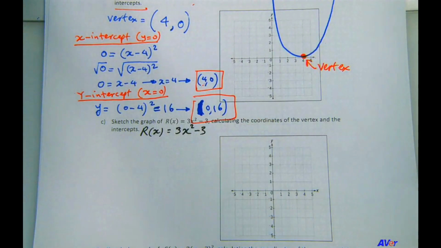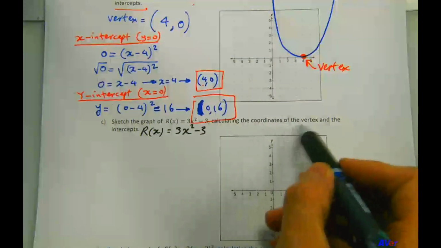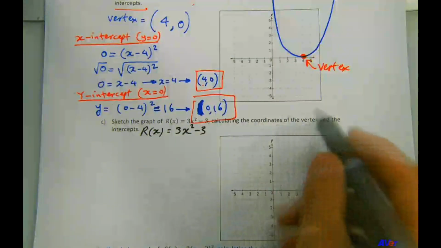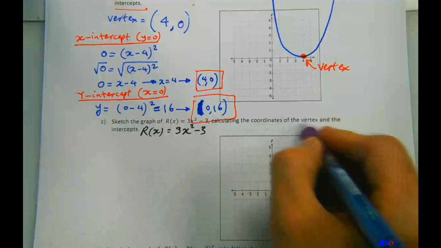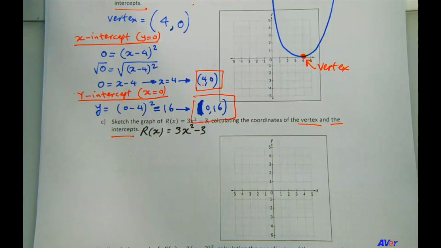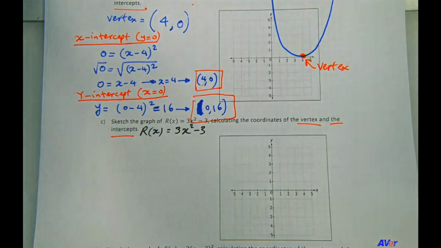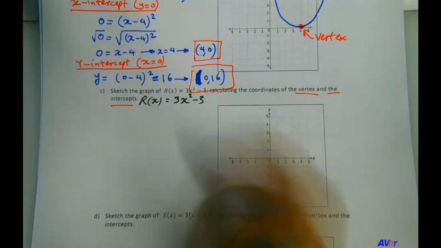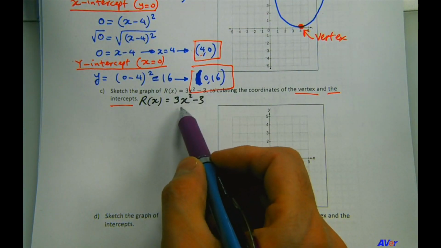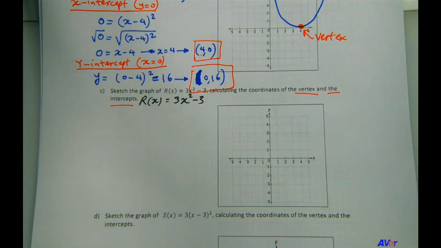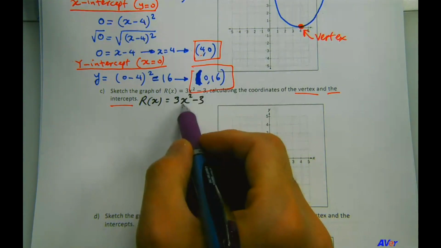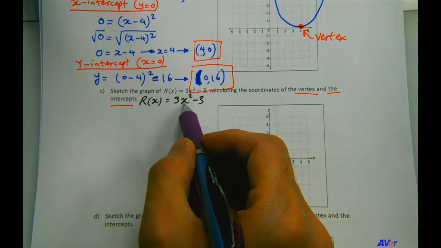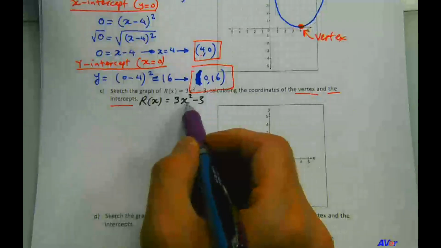Okay, so once again, we want to graph this function by identifying the vertex and the intercepts. So once again, we can either use the standard form, or looking at it in this fashion, we already have an answer for that, right?